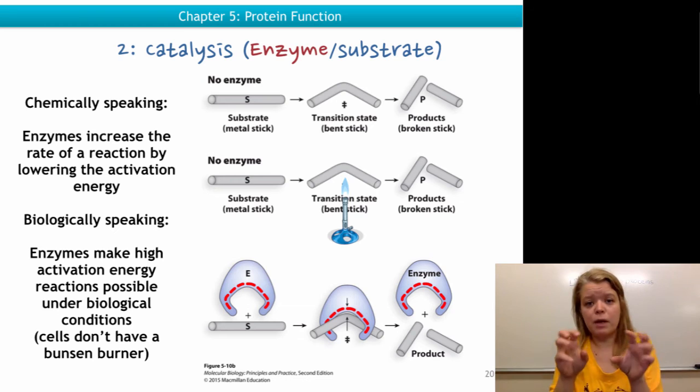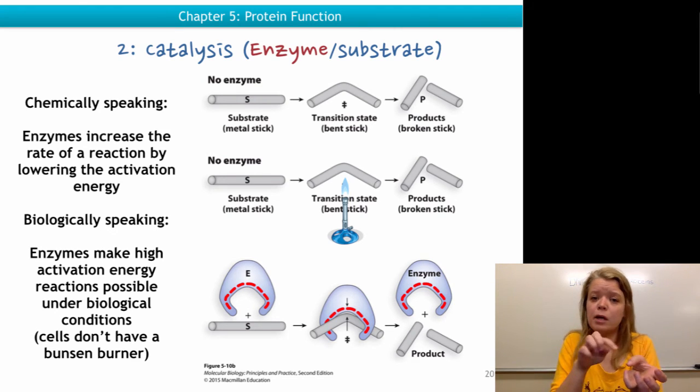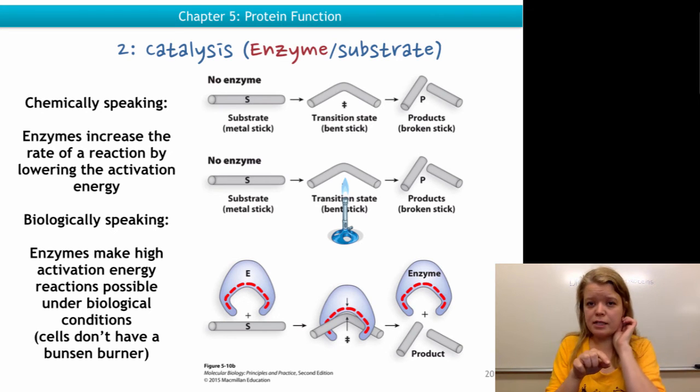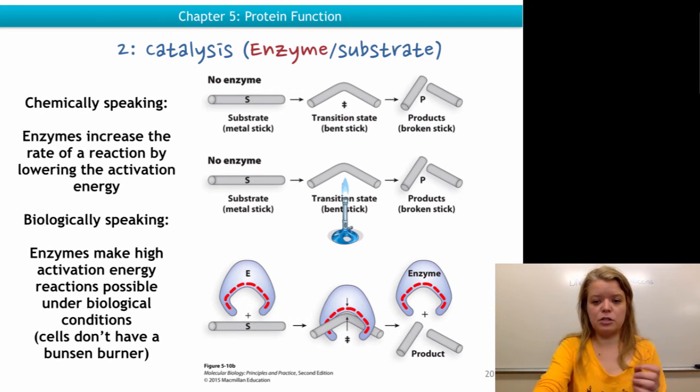So it's the shape and the chemical environment that the active site of the enzyme creates that will allow the stabilization of this transition state that you can see here.